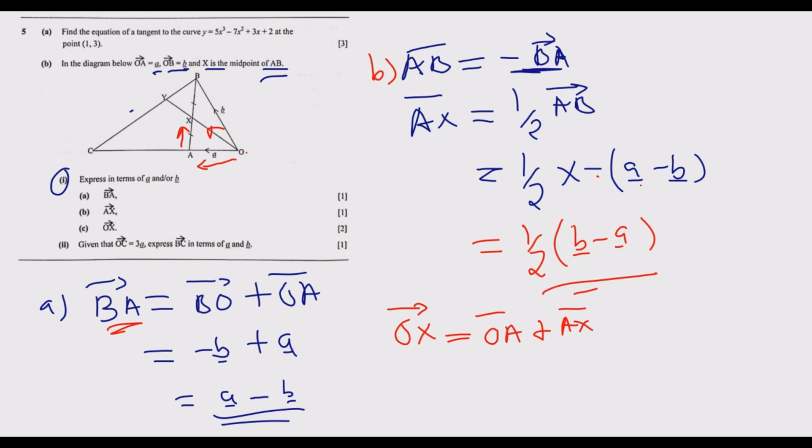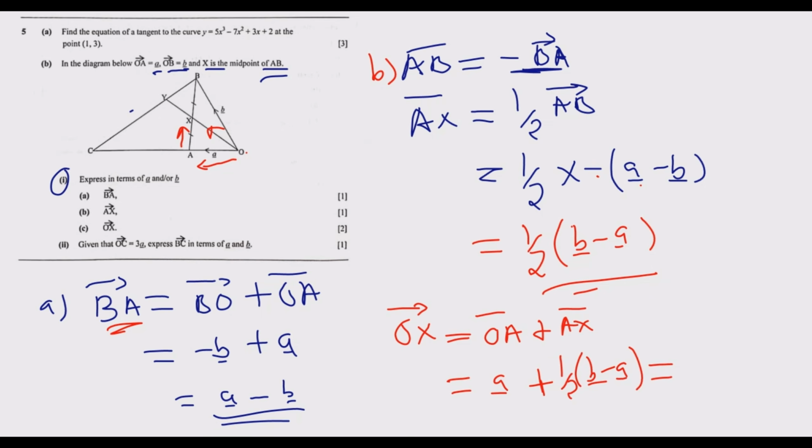It's important that you get AX correct, otherwise if you mess up AX, you mess up everything. OA is given to us, no problem. Then AX we found to be half multiplied by B minus A.